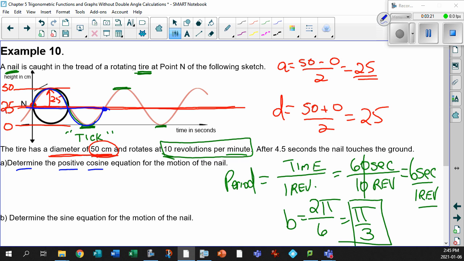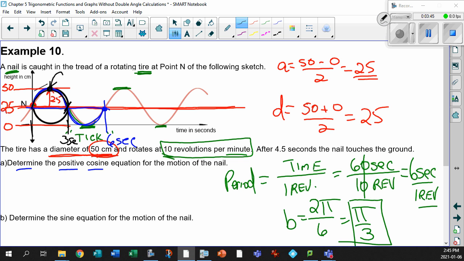Dagnabbit. Man. Okay, well, think about this. Doesn't this take 6 seconds for one complete revolution? So I got a question to ask you. That right there would be 3 seconds, wouldn't it? Halfway through. Wouldn't that be for one complete? So my question then is, how long does it take you to get to the top?